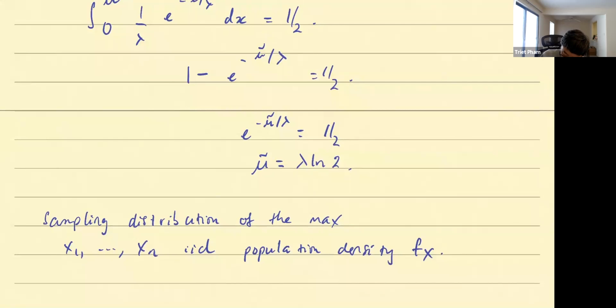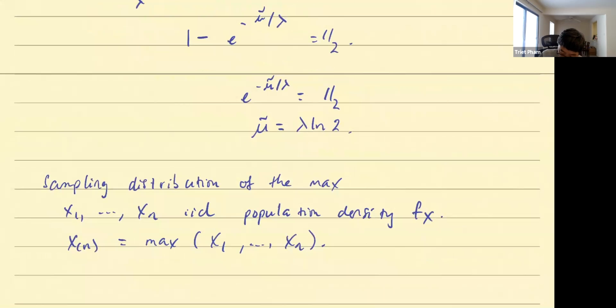Now we form the sample max. We want to find the density of this. How would we proceed?